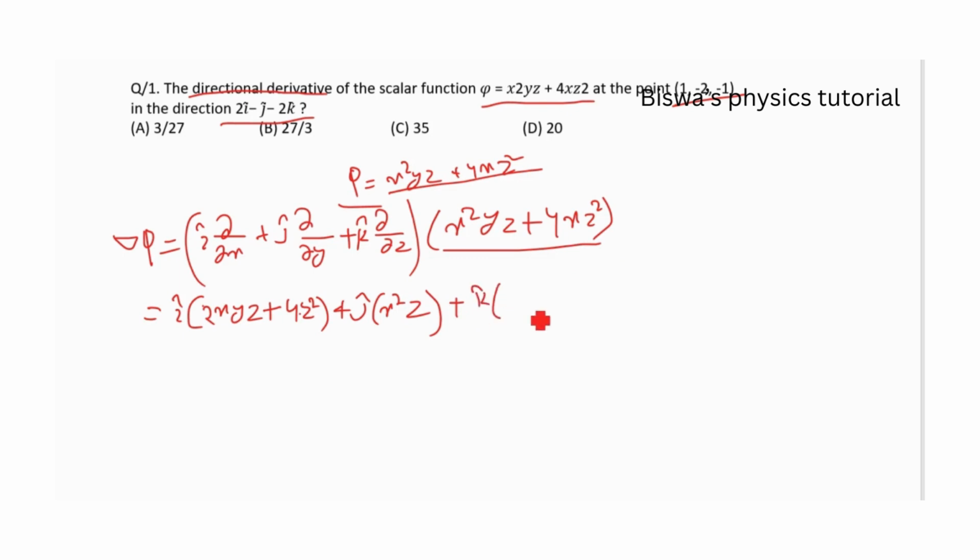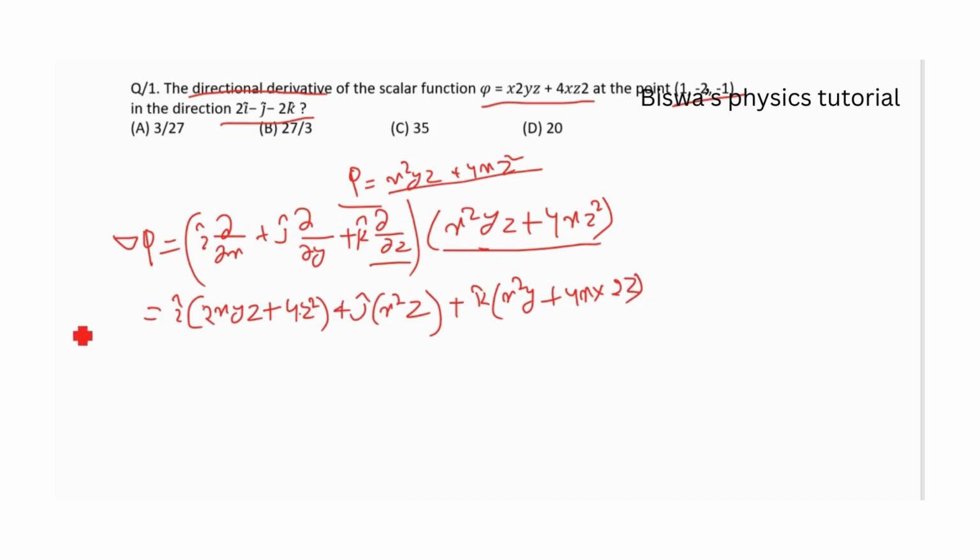Now k cap: the derivative of this function with respect to z becomes x square y plus 4x into 2z.